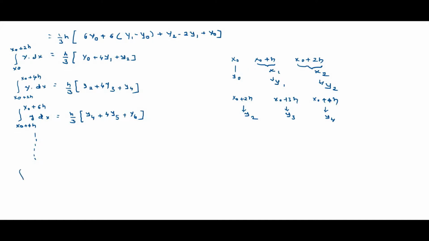At last, the upper limit ends with x0 plus nh. Then what about the lower limit?